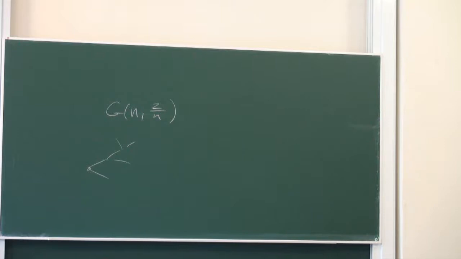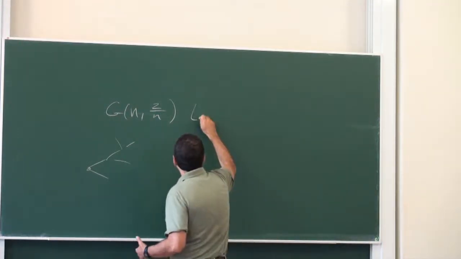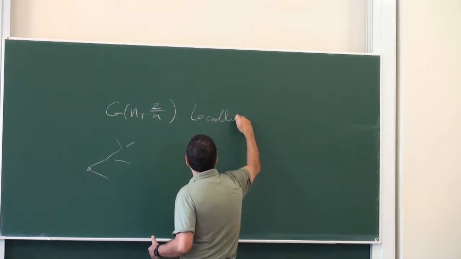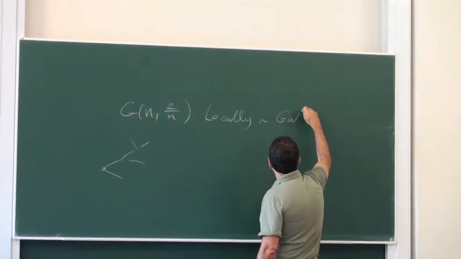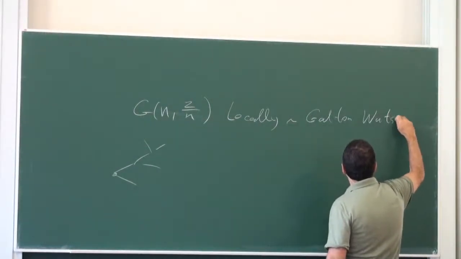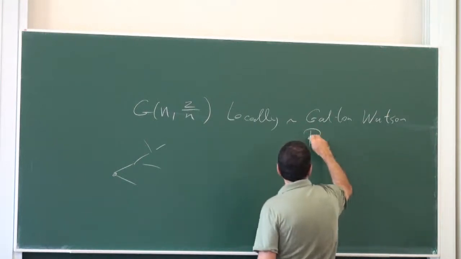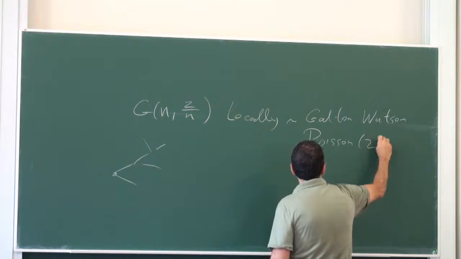And locally, this graph is converging to a Galton-Watson tree, a branching process, with the offspring distribution which is just Poisson 2.